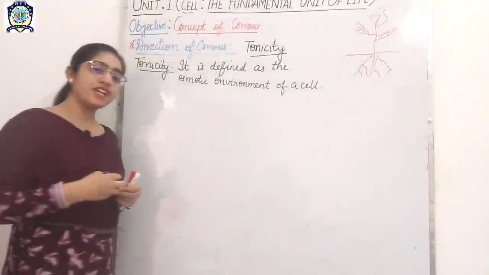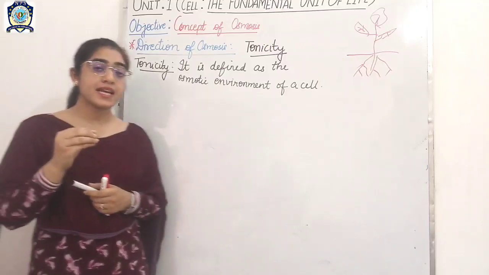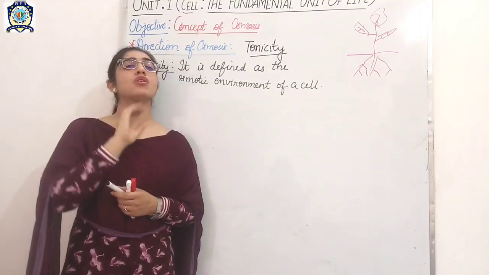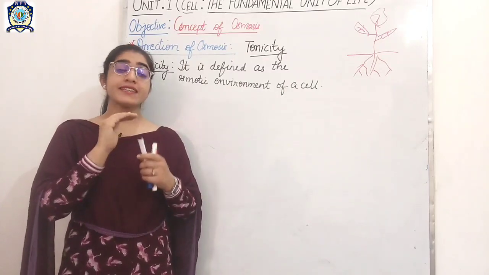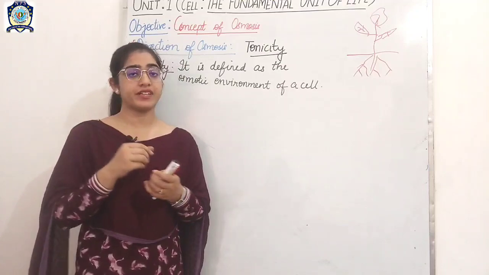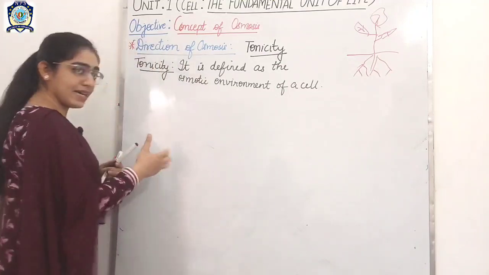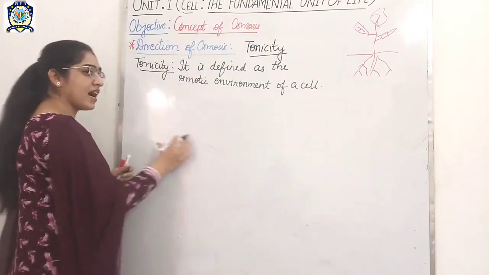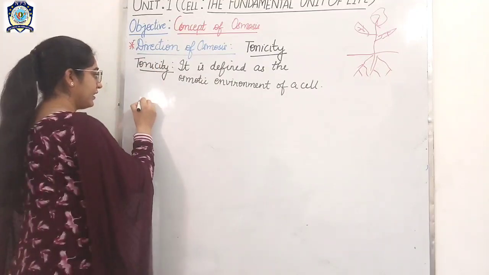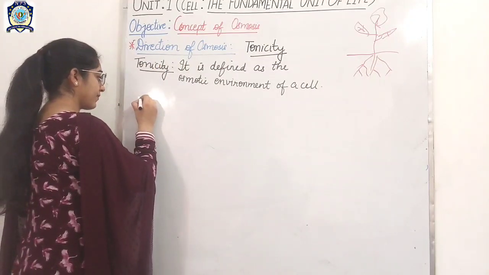Okay, and when we keep a plant cell or an animal cell in a sugar or salt solution of water, then we observe three stages in different solutions. As in the first case, I am considering three different beakers.